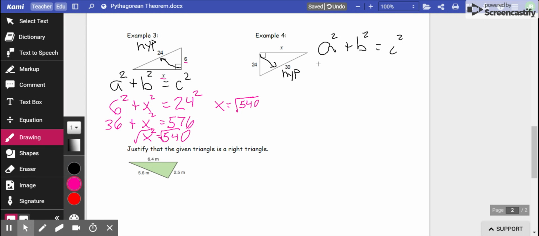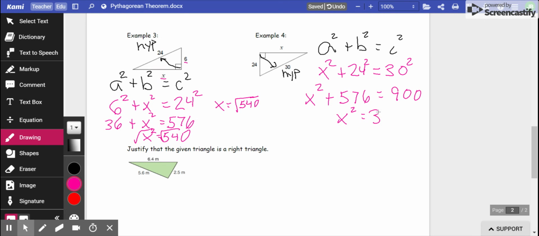So this is going to read x squared plus 24 squared equals 30 squared. 24 squared is 576, 30 squared is 900. Subtract 576 and you get 324. Take the square root, and the square root is 18.